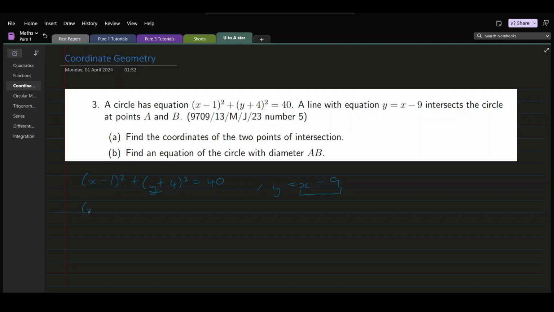So that will become (x minus 1) squared plus (x minus 9 plus 4) squared is equal to 40, which is (x minus 1) squared plus (x minus 5) squared is equal to 40.